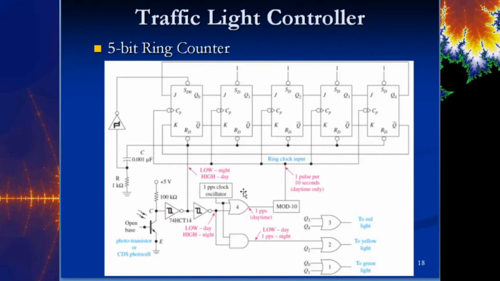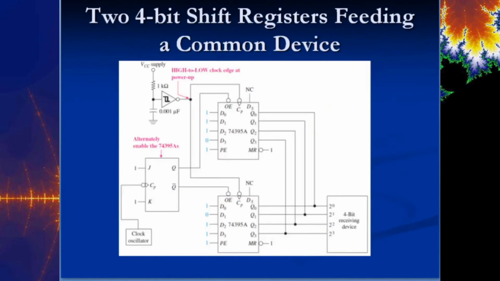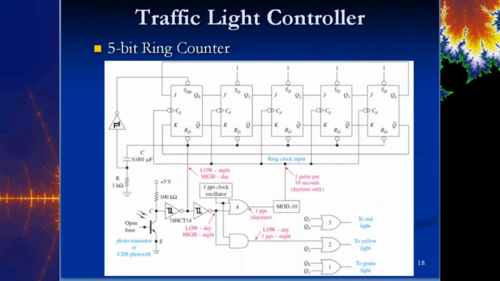But anyway, the really cool thing about this particular design is that I believe, it doesn't have the description here. It's got the description in the book. Whether it's day or night is whether or not the yellow is going to blink. Okay, and so it says low during the day, 1 pulse per second at night.